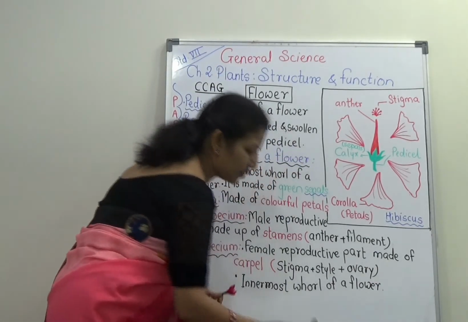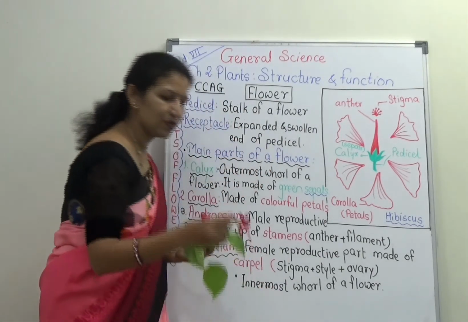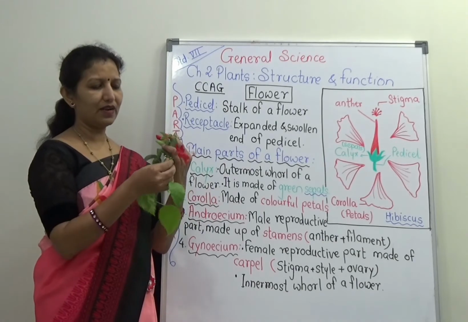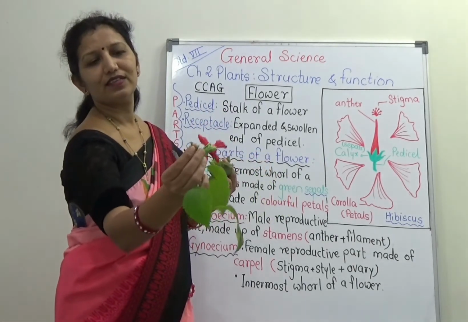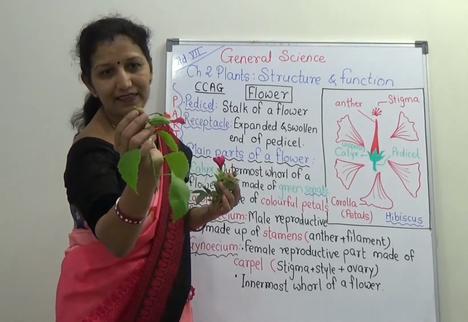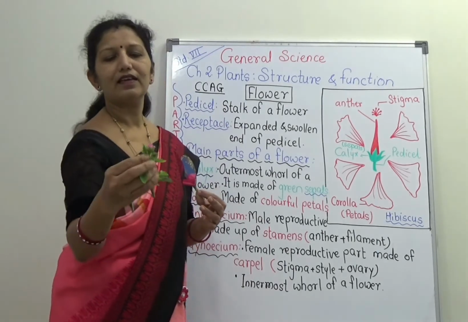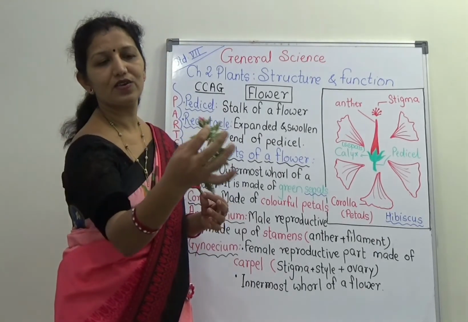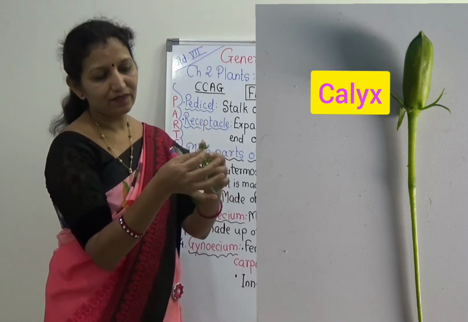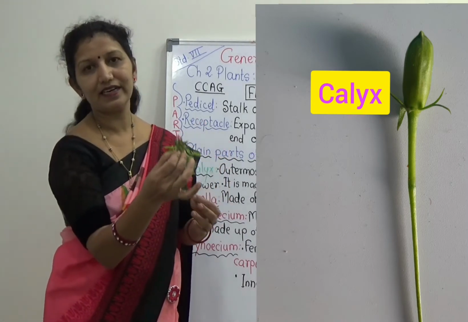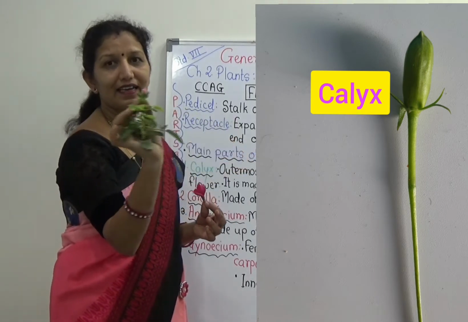When the flower is in bud condition, at that time, see here is also the bud, but you can't see it. It is very small. So this is bud and it is green in color. Here you can see it prominently. This rose flower also has a bud, and when the flower is in bud condition, at that time it is green in color.